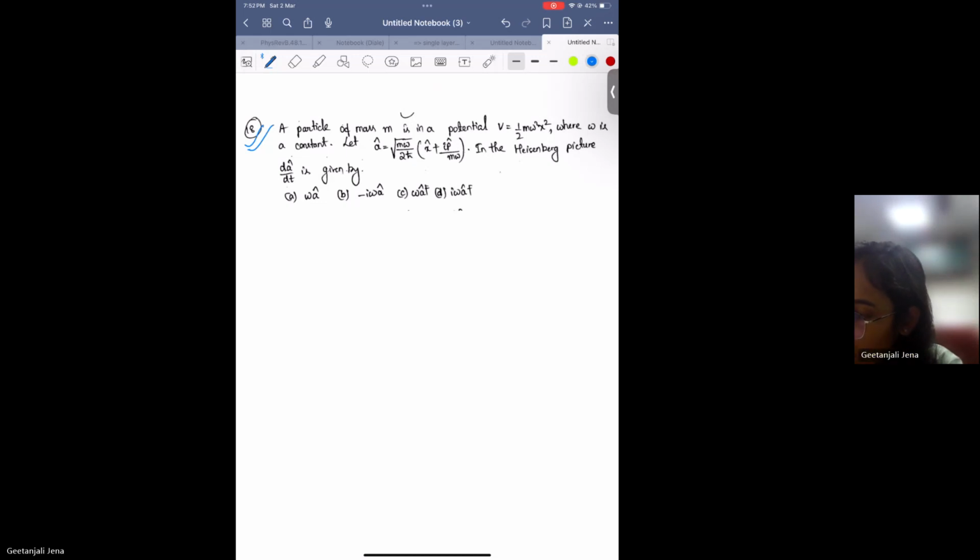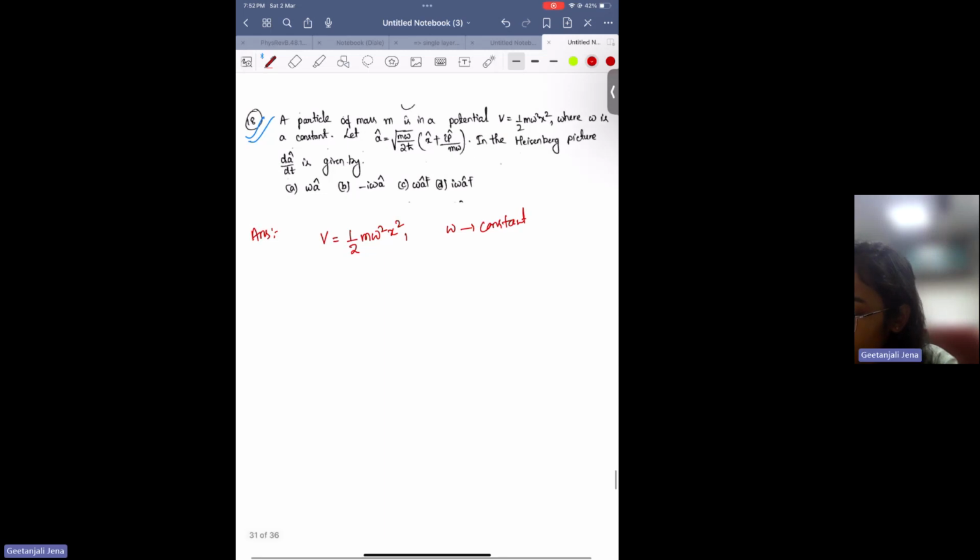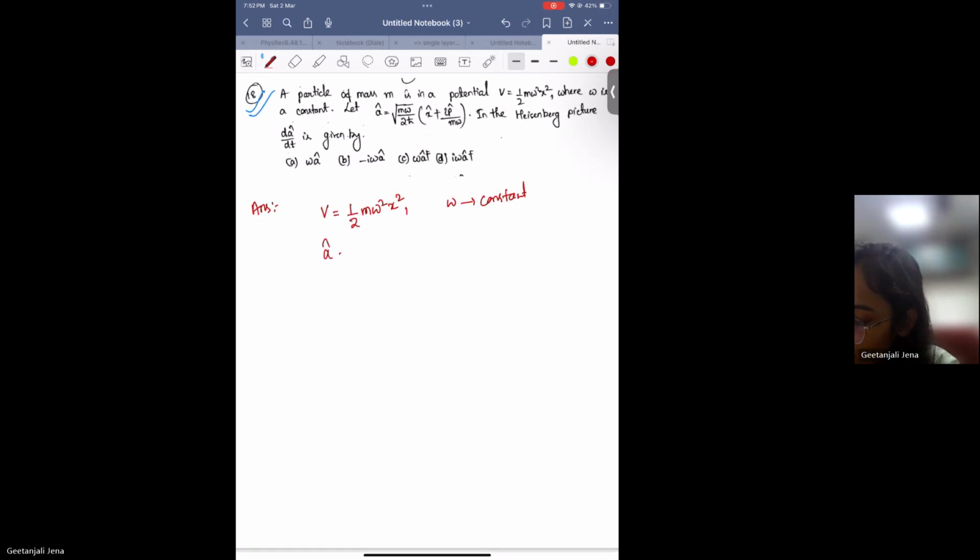So let me solve the problem. It is given a particle of mass m is in a potential V equal to half m omega square x square, where omega is a constant. Now it is given an operator A which is equal to root over m omega by 2ħ times x plus ip by m omega.